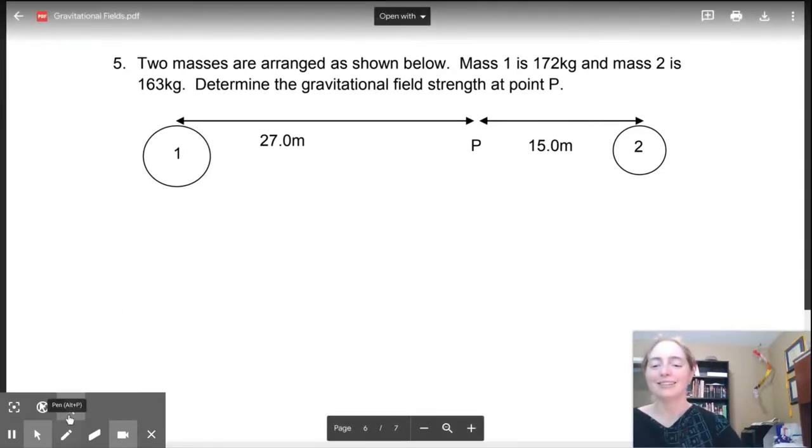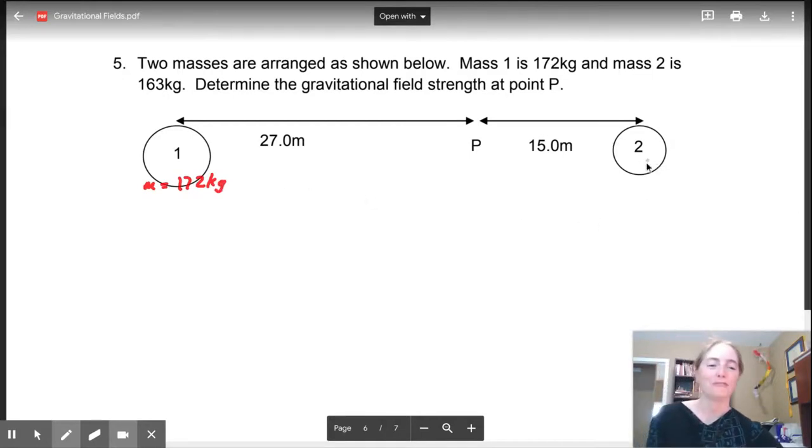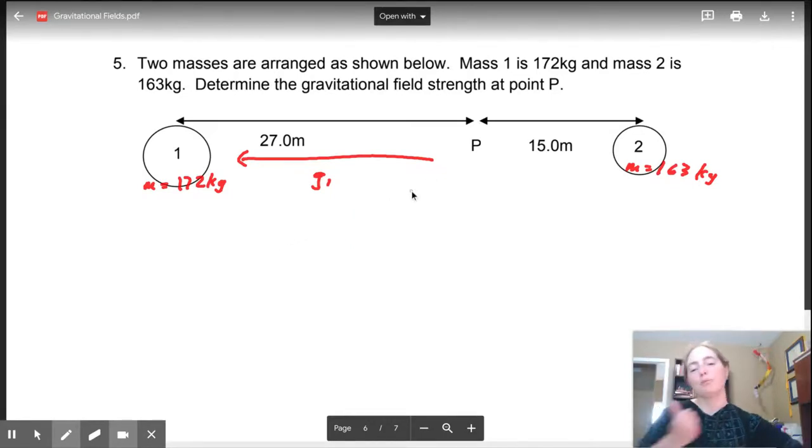Okay, so ladies and gentlemen, we left off with having our masses labeled. This guy here, our mass 1, is 172 kilograms. We left off with this mass being 163 kilograms. We left off explaining how, because gravity is an attractive field, that means G1, we'll call it G1 because it's mass number 1, is going to be pointing towards the mass.